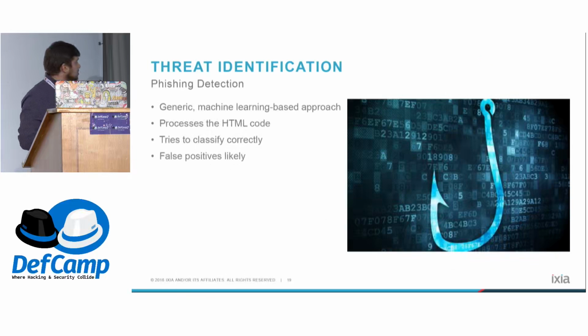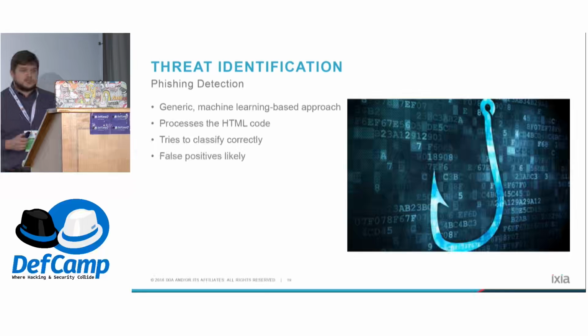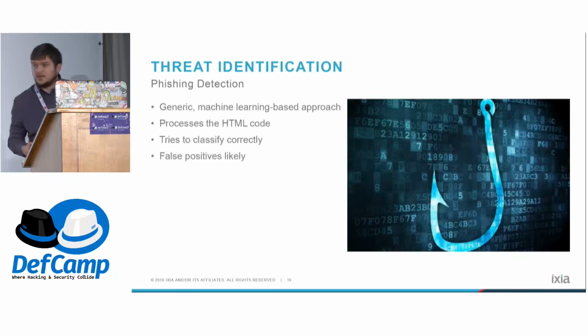So our other alternative was to create a generic method. We tried our hand at creating a machine learning-based detection approach. We have a framework which accesses websites, processes the HTML code, and then tries to classify correctly as phishing or non-phishing. It works better than signature-based detection, of course, but it also has the problem of false positives.